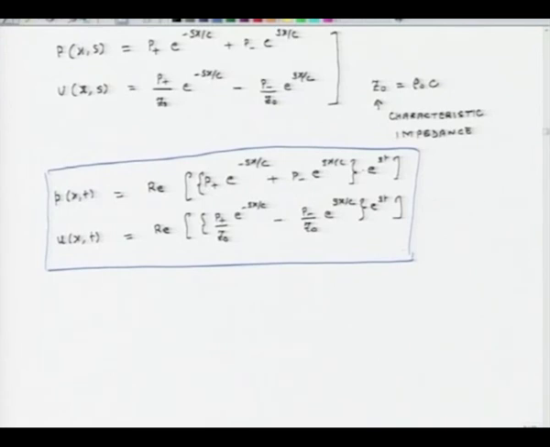These two equations are called transmission line equations for sound ducts of constant cross section.